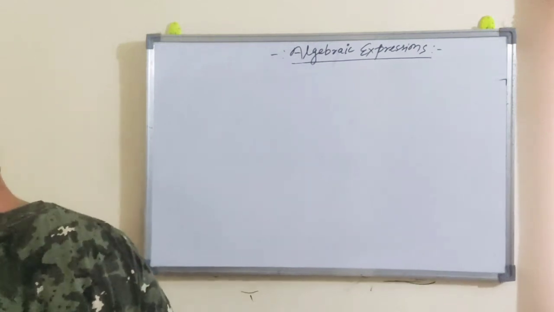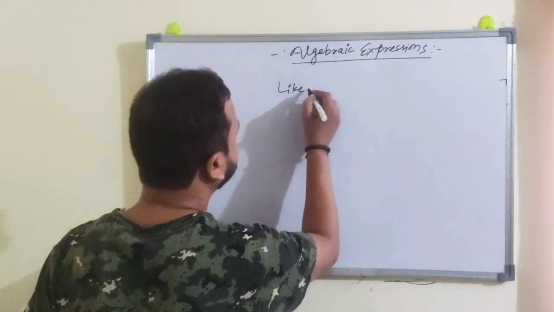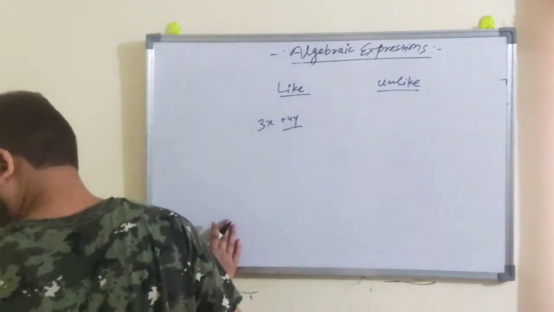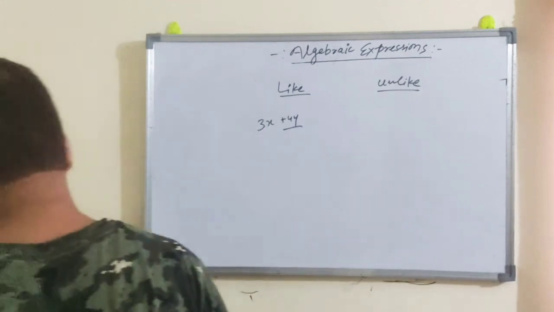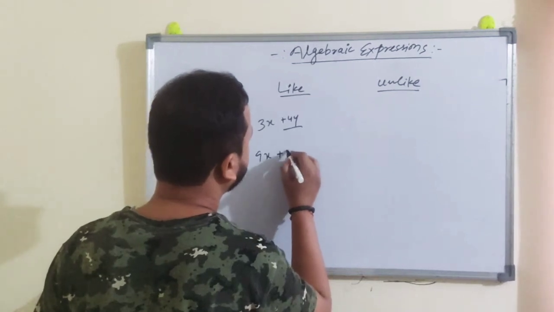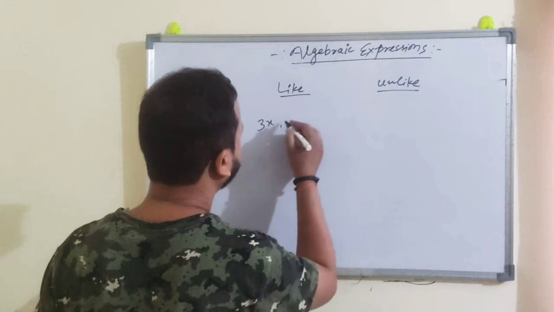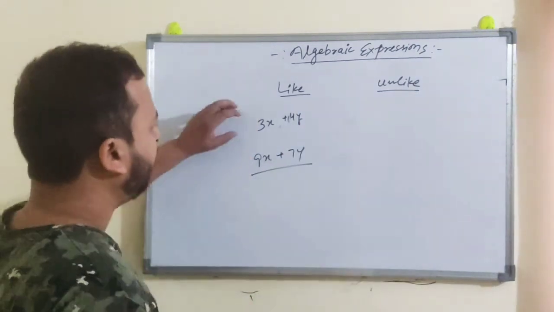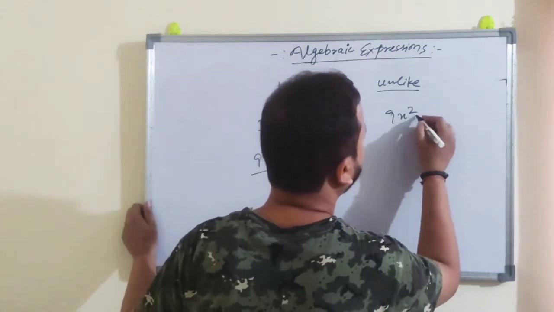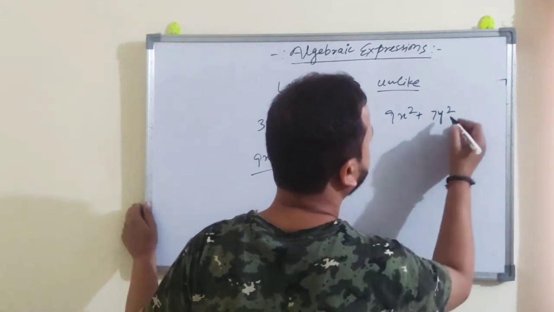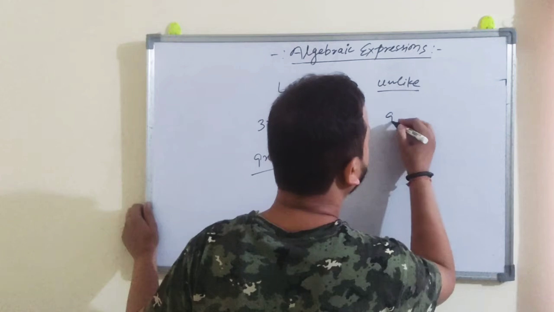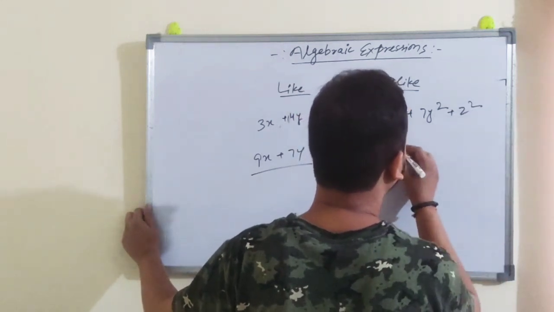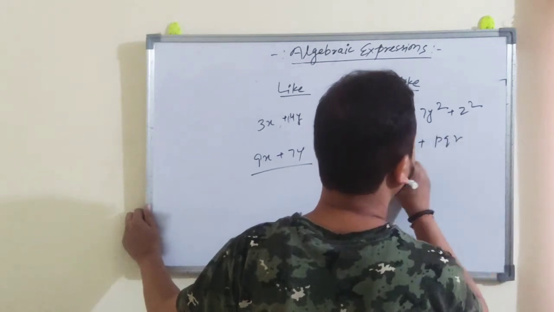Now, one more thing is left, that is like terms and unlike terms. If it is given as 3x plus 4y, and here 9x plus 7y, or if it is given as 9x square plus 7y square, and here 9x square plus 7y square plus z square, and here abc plus pqr, right?